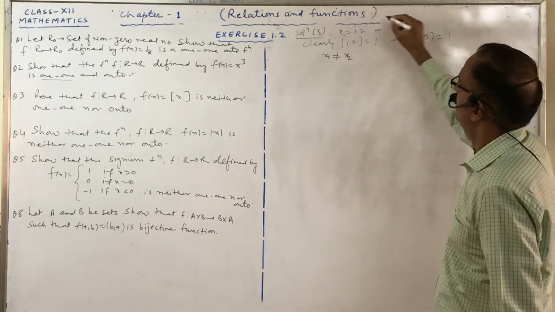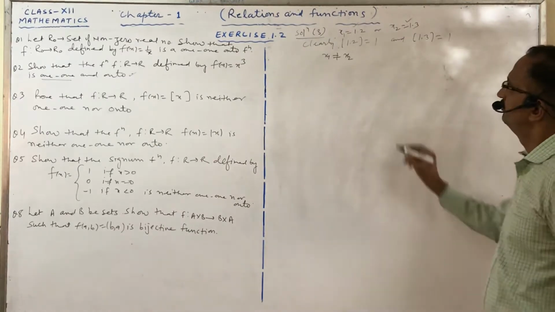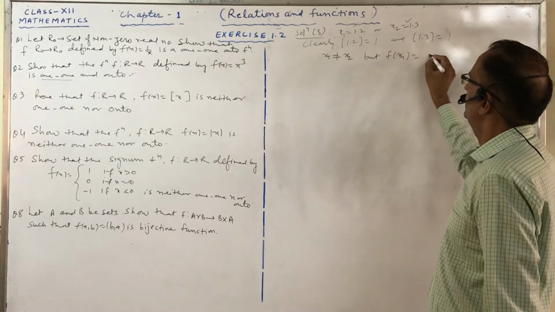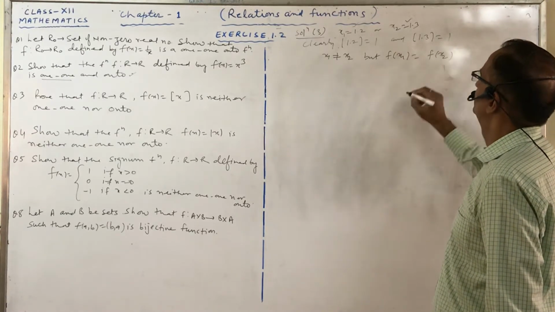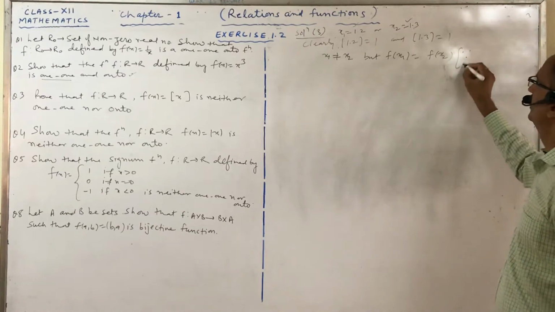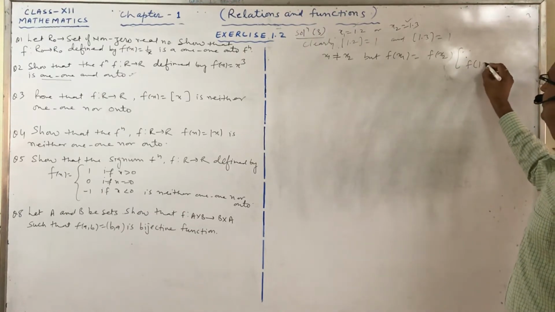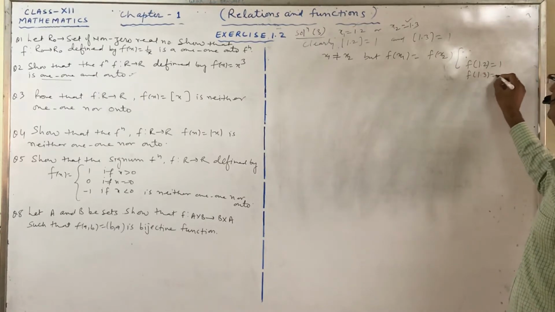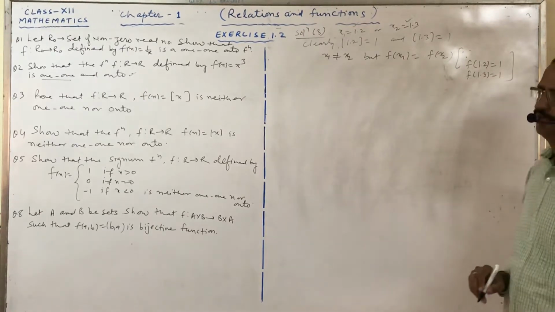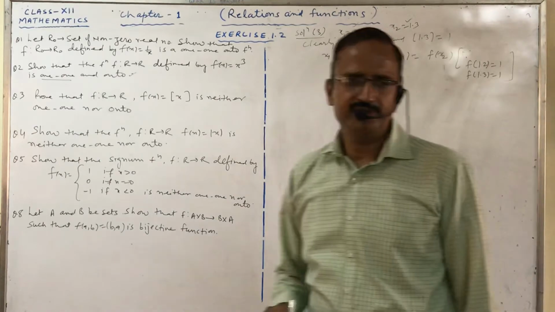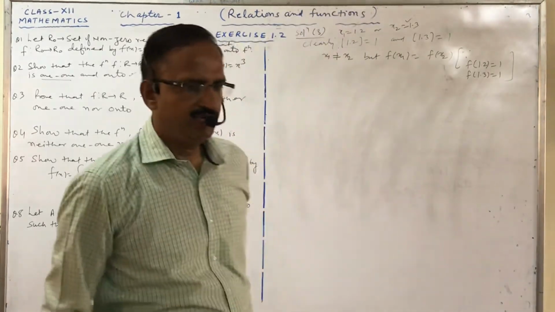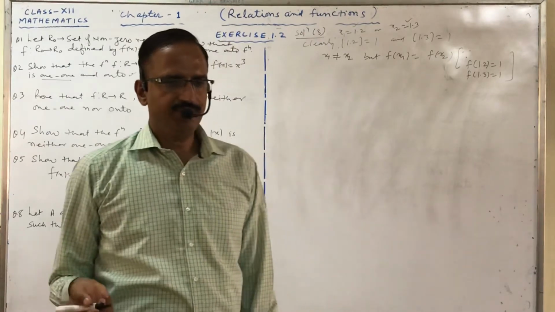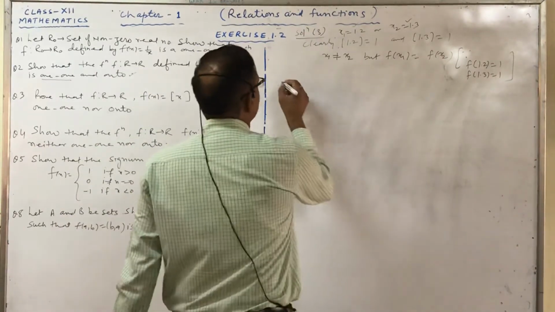These two are x1 and x2, but f(x1) equals f(x2), because f of 1.2 equals 1 and f of 1.3 is also equal to 1. The elements are different, but their images are the same. So we can say that two different elements have the same images, so f is not one-one.